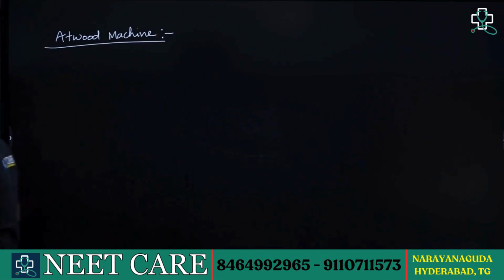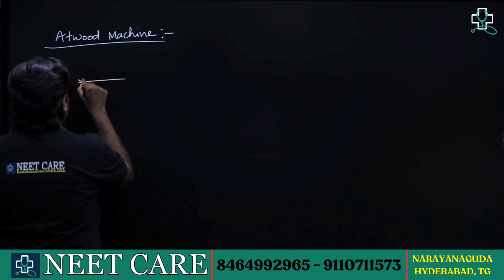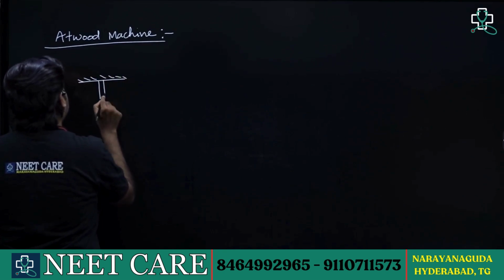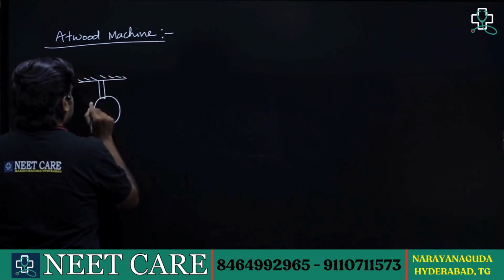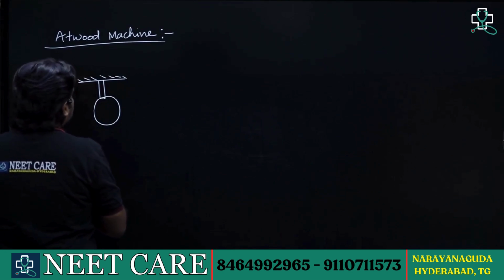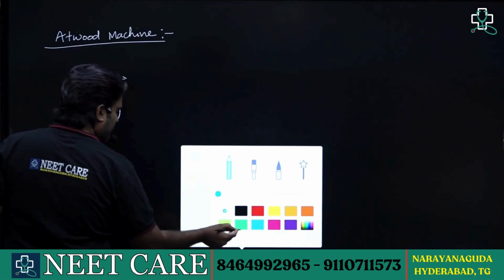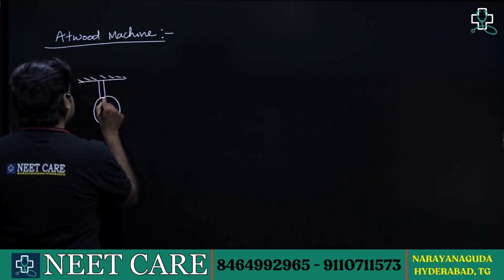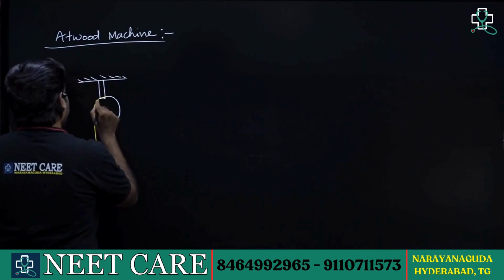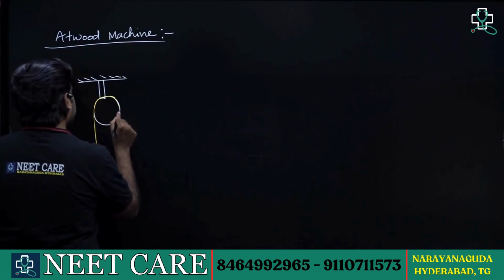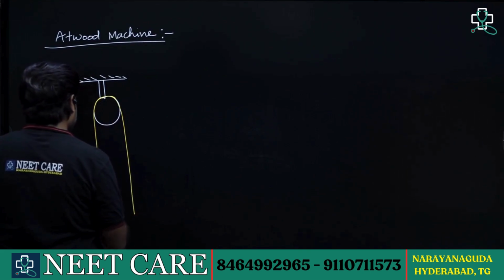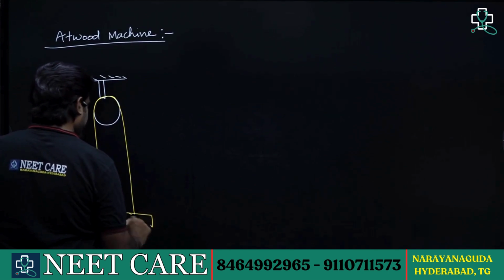So take the Atwood machine. In the Atwood machine, let us consider this is a light pulley, and over the light pulley a string is passing. Let us take this is block M1, this is block M2.